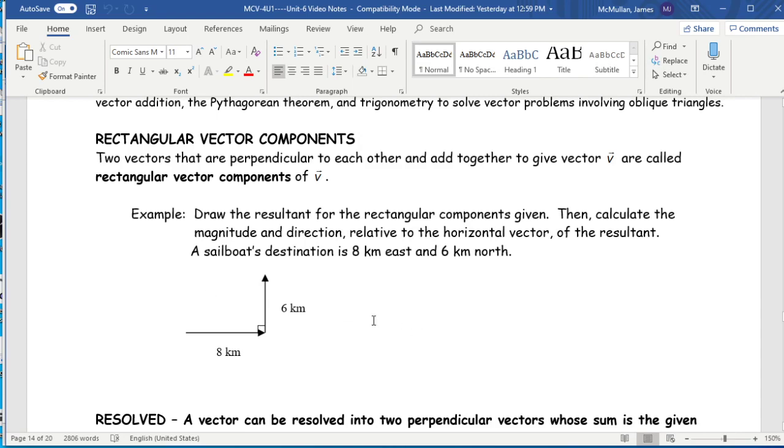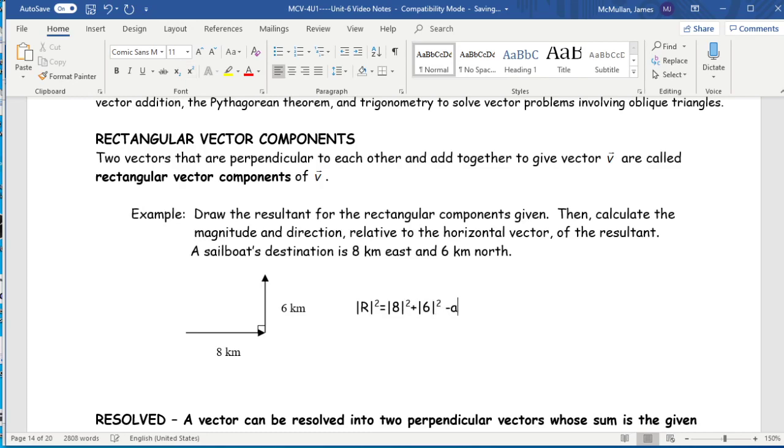I'm going to ignore the vector signs for now, but please make sure that you do write them. So r squared, the resultant squared, is the magnitude of the 8 squared plus the magnitude of the 6 squared.